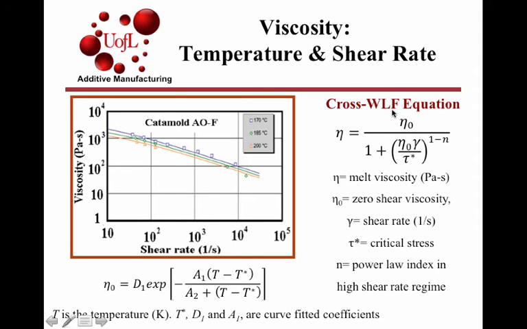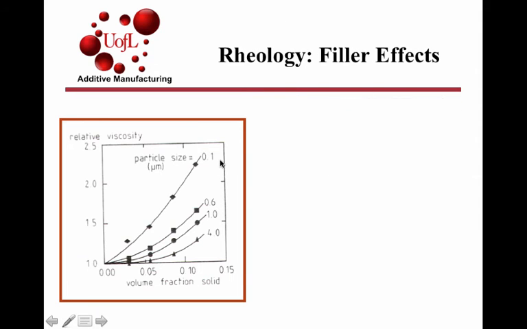Viscosity is dependent upon shear rate as well as temperature, as described by the Cross-WLF equation. We said that we could modify the properties of a polymer by adding fillers. Here is a plot of the relative viscosity, which is the viscosity of the filled polymer relative to the viscosity of the unfilled polymer, as a function of the volume fraction of the solid for various particle sizes.